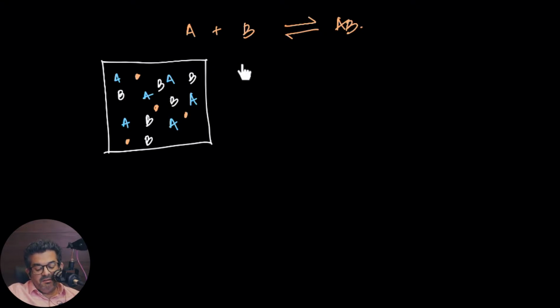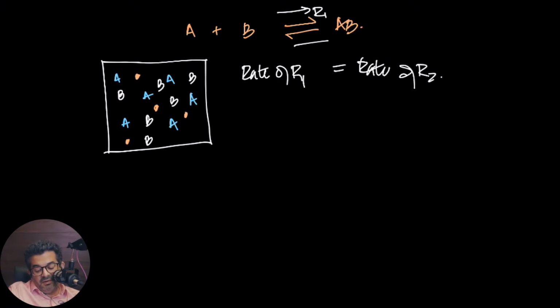Yes, some A and B will become AB, and at the same time some AB will become A and B, but the rate at which A and B become AB and the rate at which AB becomes A and B are going to become equal, which means the rate of R1 is equal to the rate of R2. Remember, R1 is forward, and R2 was the backward reaction. So at this moment, these are equal, and what we have is a dynamic equilibrium.